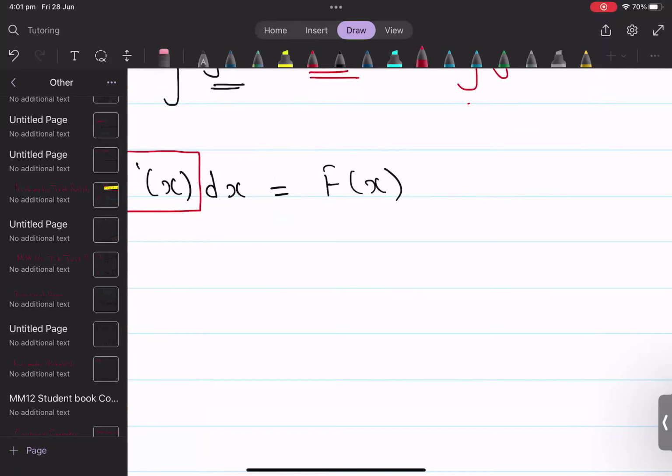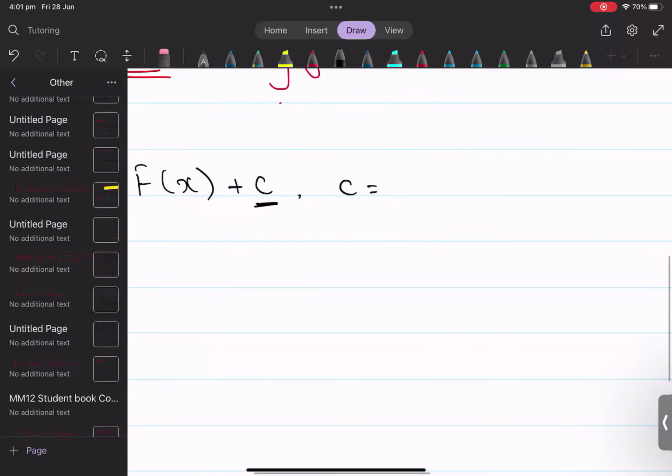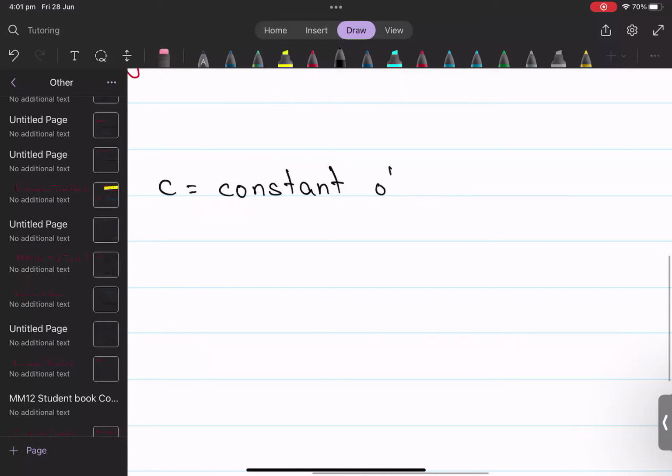We have an additional piece which we really have to take into account. Whenever we're taking an antiderivative, a general antiderivative, we have to add a constant of antidifferentiation. So the c here, c is a constant. Typically, it's called the constant of integration.